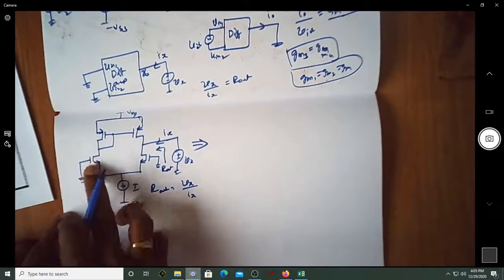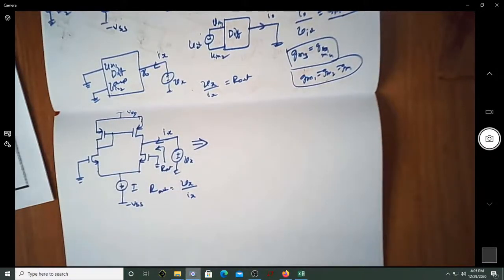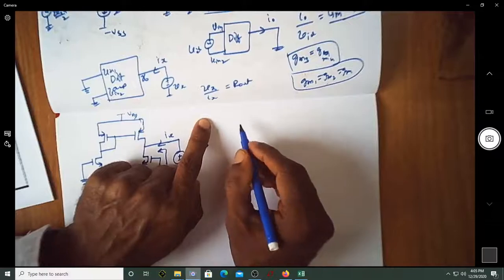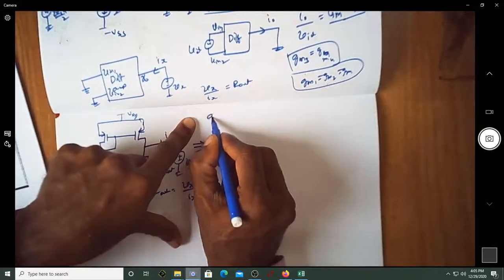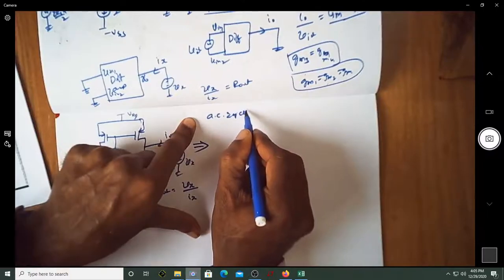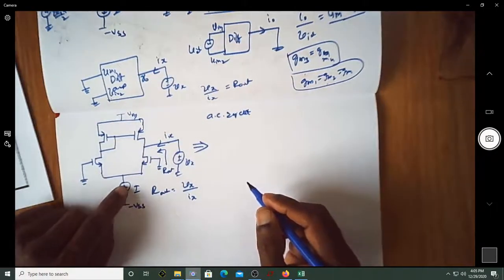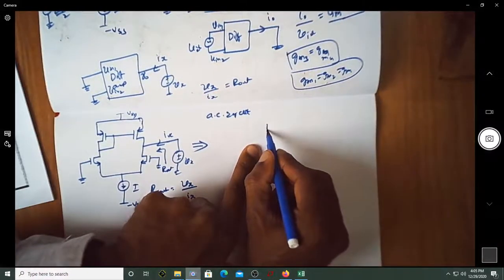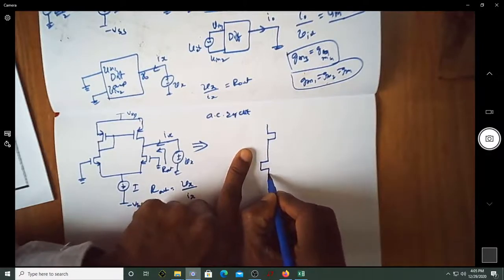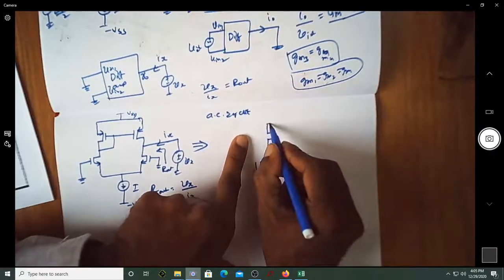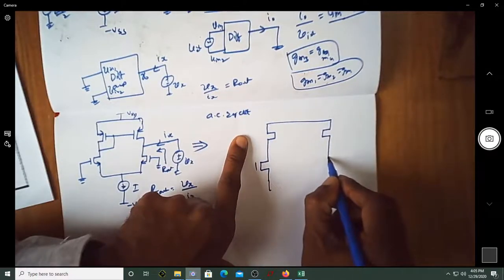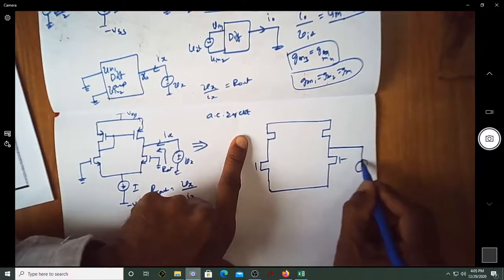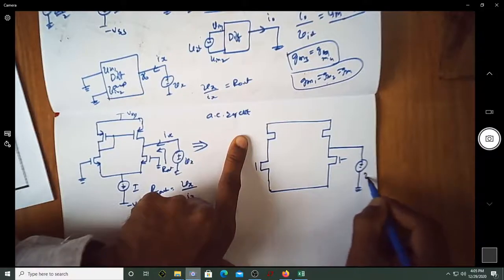In the AC equivalent, let us put all the resistors associated with these MOSFETs, that is, the R0 resistors, because of the channel length modulation. Since we are considering the AC equivalent circuit, we will ground all the DCs and open-circuit the current source. So we will have plus minus, this is Vx.